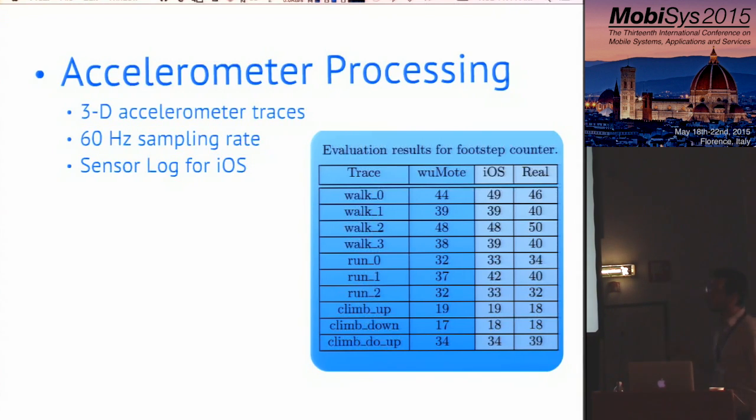We compare the ViewMode estimation of those traces, so how many steps the ViewMode is counting, with the number of steps counted by the iOS platform, and finally the real steps, the ones actually counted by the user performing the steps. And we obtain an accuracy of 94%. So we're basically showing that our reconfigurable system, other than being flexible, is also pretty accurate.